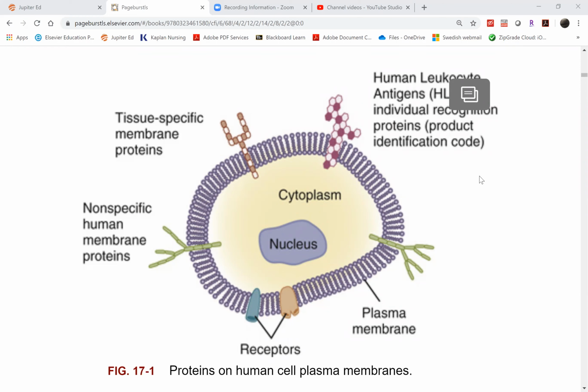So as her immune system cells bump into another cell in the body, as they're traveling throughout every tissue, every organ, it's easy to identify self from non-self because if they bump into them, the membrane proteins match, so they identify each other. Yes, yourself.